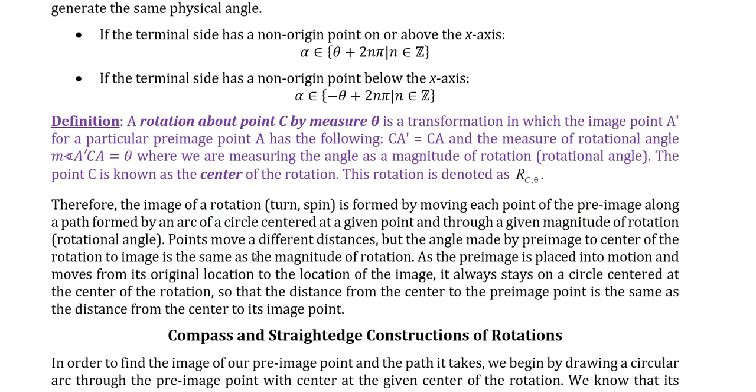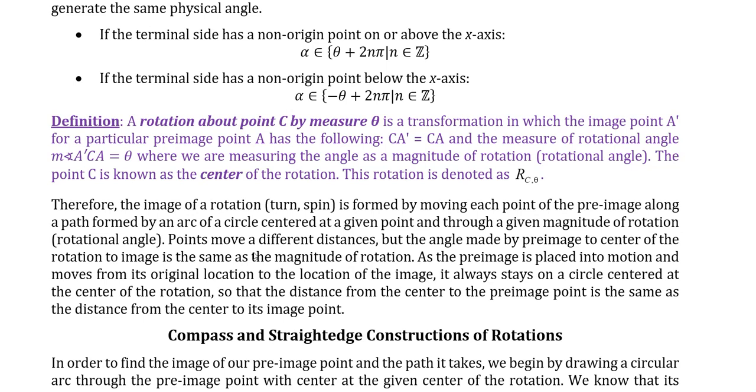A rotation about a point C by measure theta is a transformation. Now we're going to actually get to a rotation transformation. This is a transformation in which the image point A prime for a particular point A has the following characteristics. The distance from C to A prime is the same as the distance from C to A, and the measure of the rotational angle A prime C A is theta, where we're measuring the angle as a magnitude of rotation.